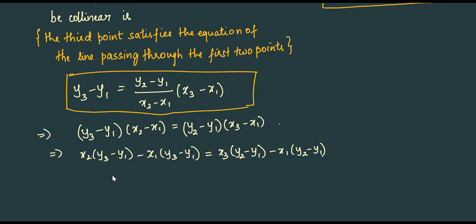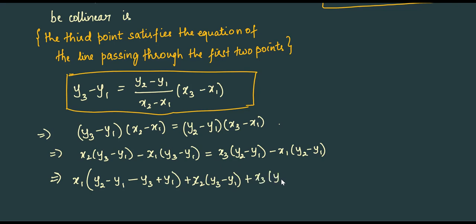Let us bring this term to this side. So we get x1 times (y2 minus y1 minus y3 plus y1), plus x2 times (y3 minus y1), then bring this x3 to this side, plus x3 times (y1 minus y2).